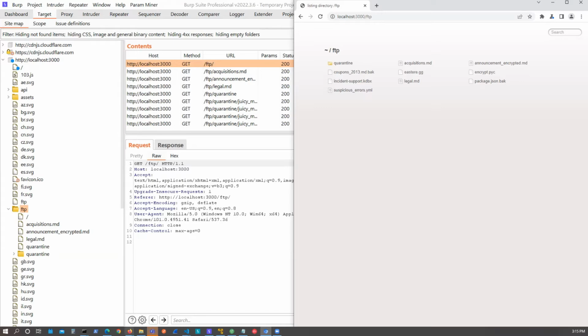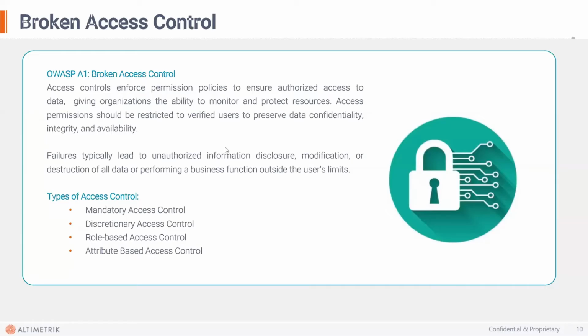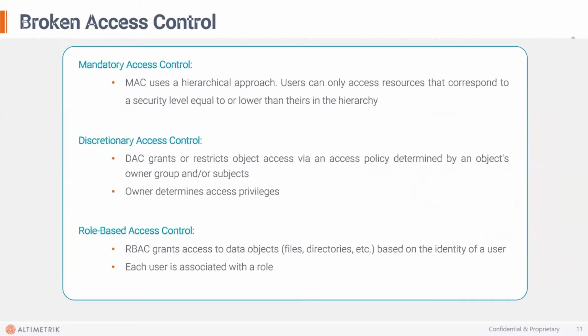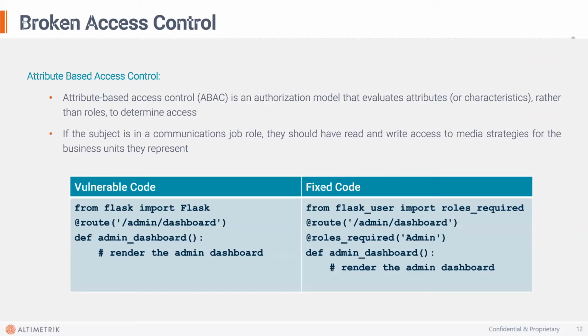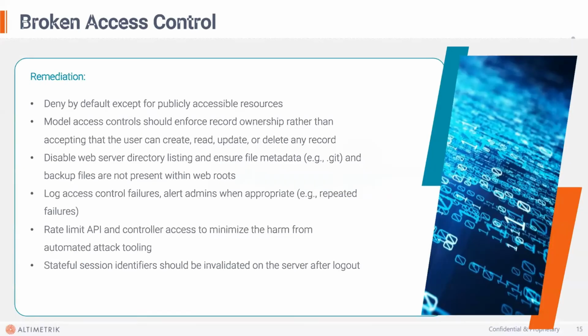But anyways, moving forward. That is an example of broken access control. It often leads to information disclosure and other issues. So, going to the remediation, these are our recommendations.